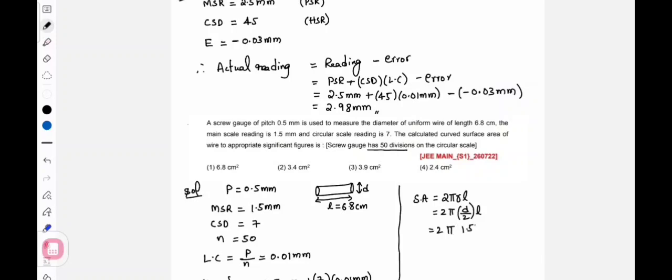So 1.57 by 2, expressed in centimeters, so into 10 power minus 1 centimeters. Length is 6.8 centimeters.